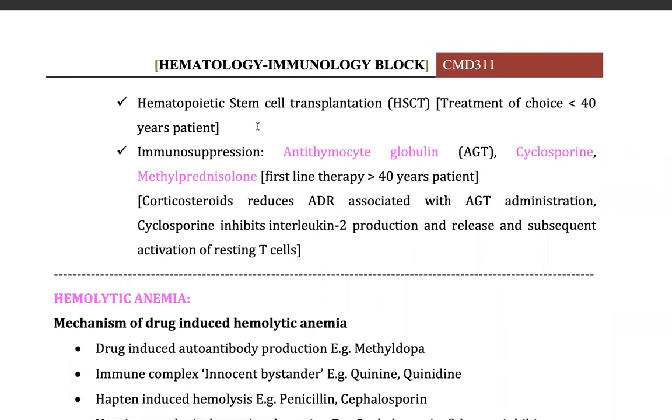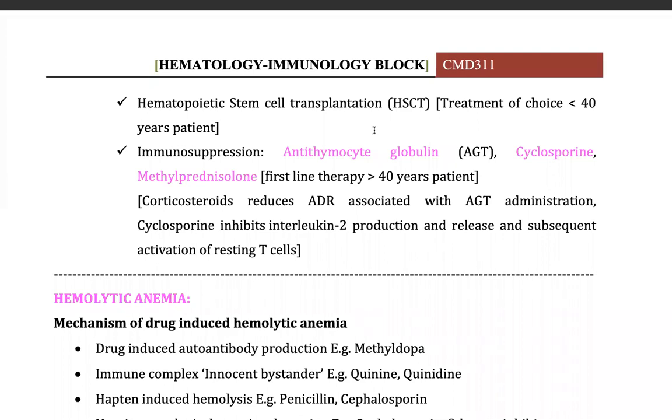So hematopoietic stem cell transplantation is the treatment of choice if the patient is less than 40 years, and if the patient is more than 40 years, immunosuppression, generally anti-thymocyte globulin, is the first or preferred drug in the management of aplastic anemia.